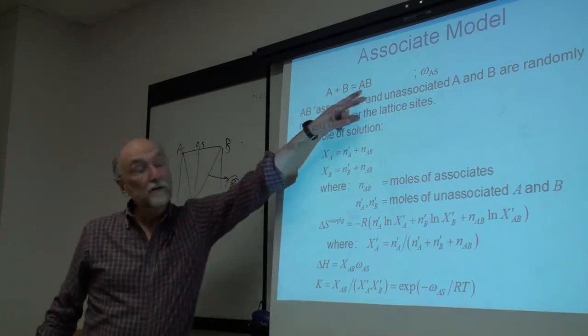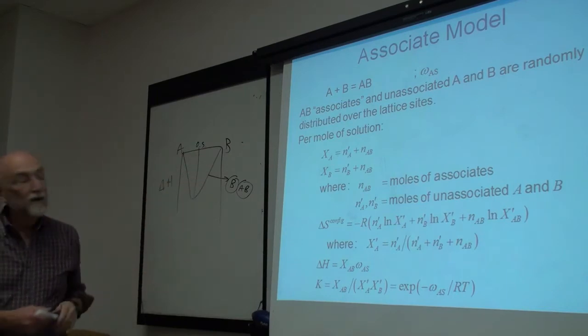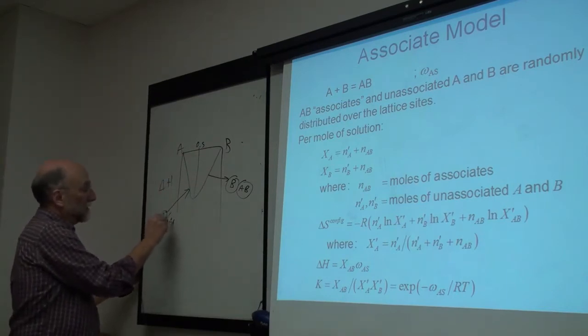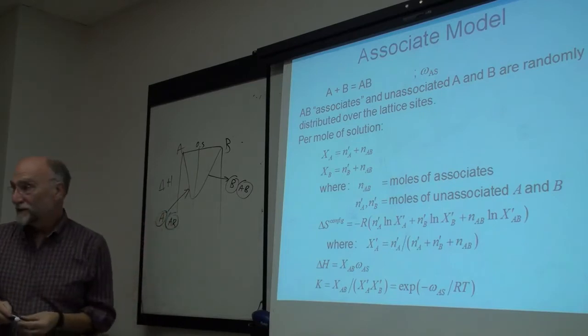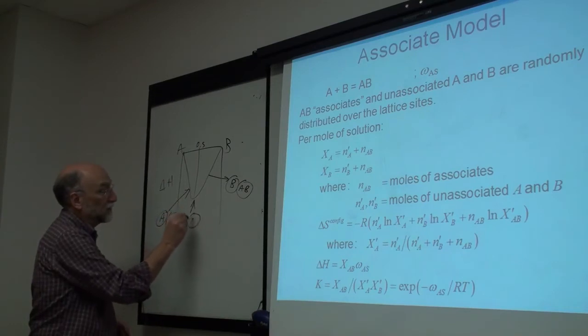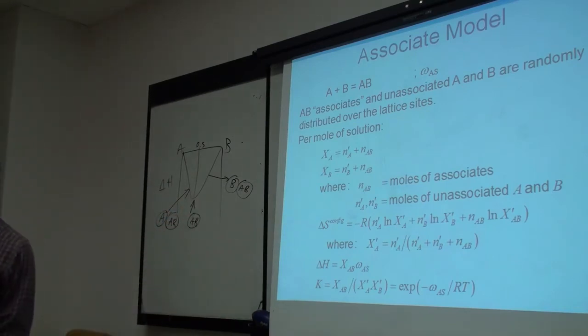All the A's will react to form AB's. Essentially, they'll leave a few A's. So you get almost a straight line. And over on this side of the minimum, you have A's and you have AB's and you have very few B's. And at the midpoint here, you have almost exclusively AB. That's if omega is extremely negative.